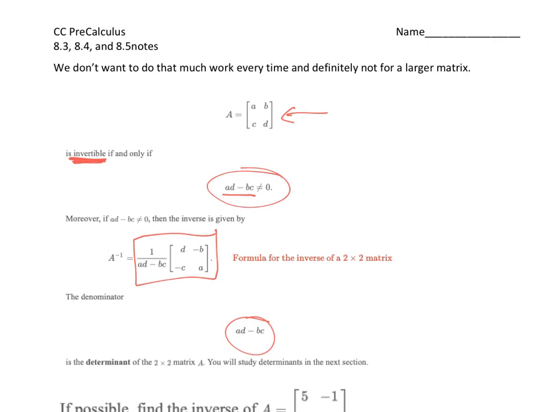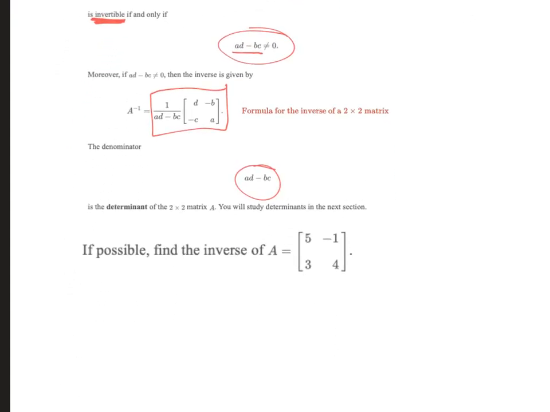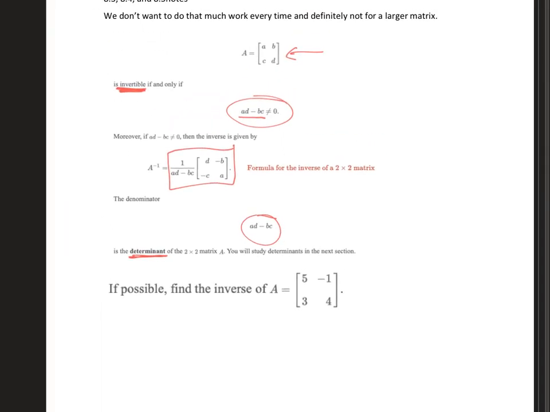That thing that we found earlier that had to not equal 0, that's called the determinant, because it determines if there's an inverse or not. So that is what we find first in order to find the inverse. So I'll try to show you all that stuff on the same screen. If possible, find the inverse of matrix A. So we're going to do A times D, so that's 5 times 4, minus B times C, so that's negative 1 times 3.